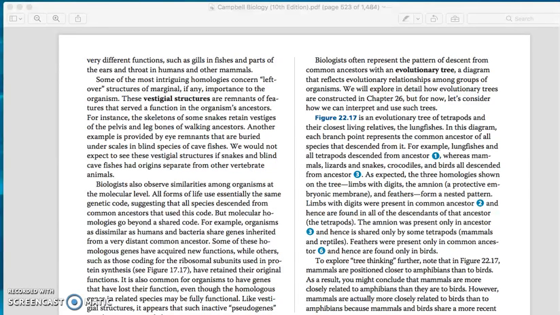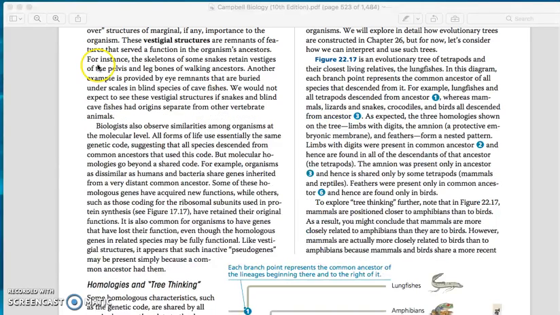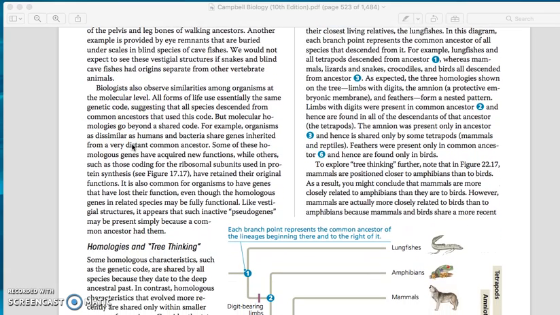This reminds me of the appendix in humans, which has become a structure that we do not use and can live without. Skeletons of some snakes retain vestiges of the pelvis and leg bones of walking ancestors. Another example is provided by eye remnants that are buried under scales in blind species of cave fishes. We would not expect to see these vestigial structures if snakes and blind cave fishes had origins separate from other vertebrate animals.